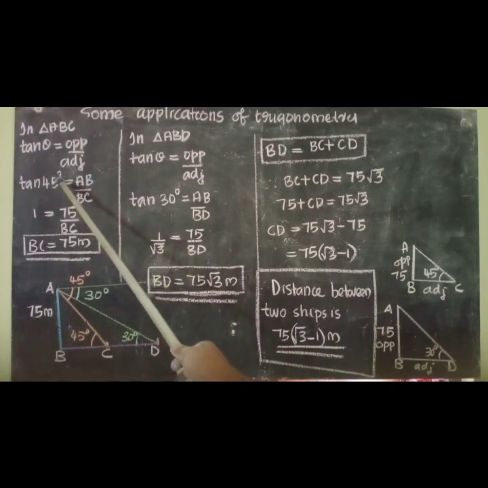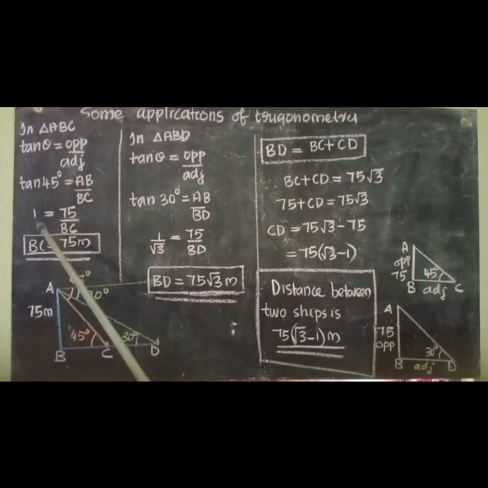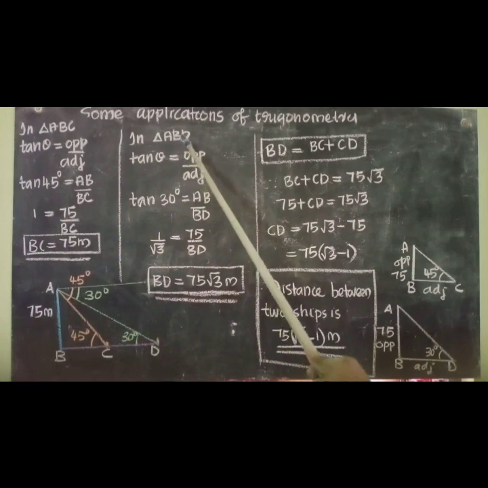We know tan 45 degree equal to 1. So 1 equal to 75 by BC. By cross multiplying we get BC equal to 75 meter. Let it be there. Now we can move to the second right triangle.